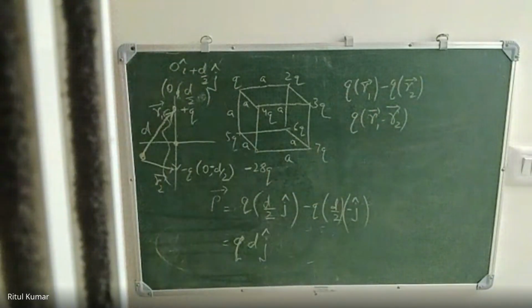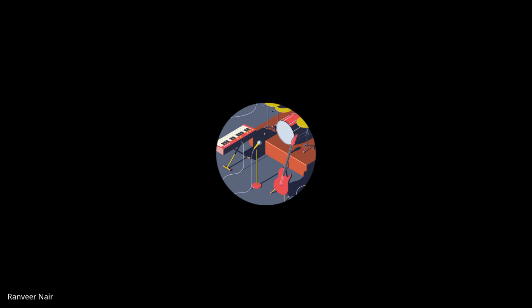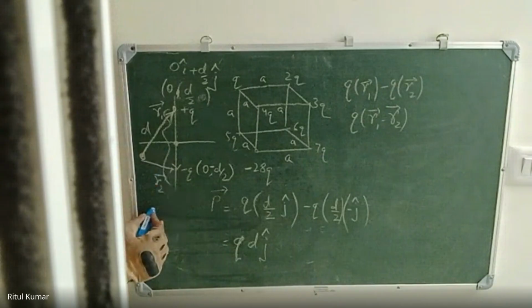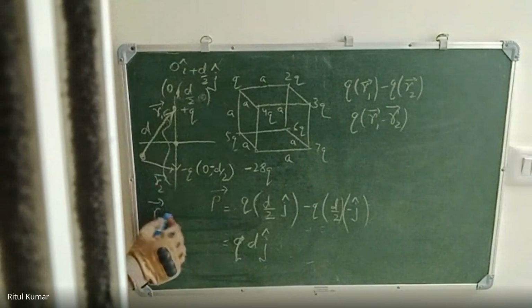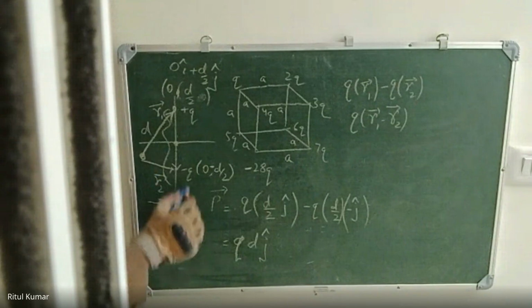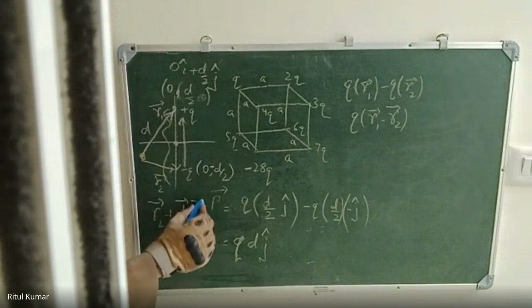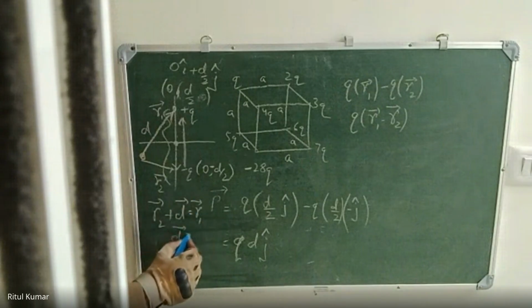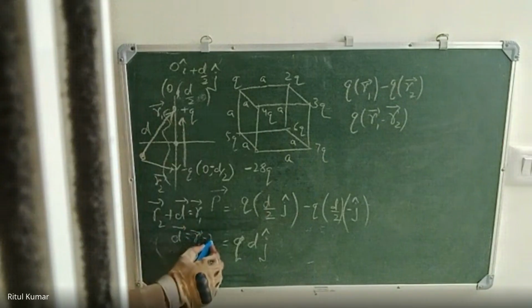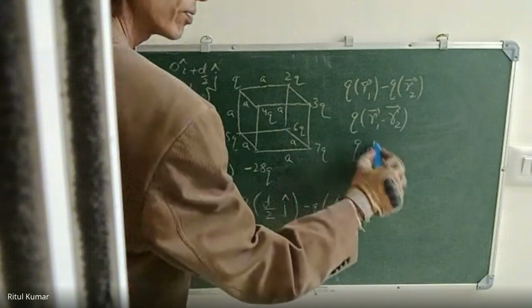Yes or no? Yes, sir. And from here, R2 plus D, if D is taken this way, which is what we do, is equal to R1. So D is equal to how much? R1 minus R2, right, class? Right, sir. So what will it be? Q into D again. Agree?